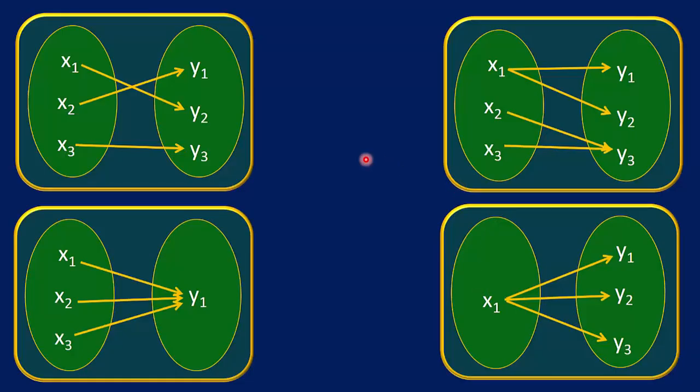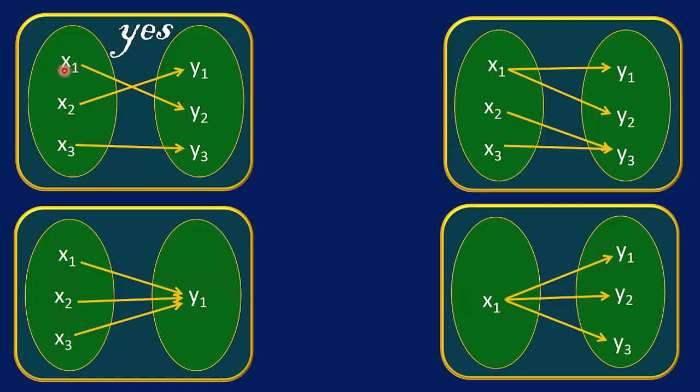Now, not all rules of correspondence are functions. Let's look at this. Notice this one here. This is a function because every x in this little oval corresponds to exactly one y over here. See, there's one arrow coming from x1, one arrow from x2, one arrow from x3.